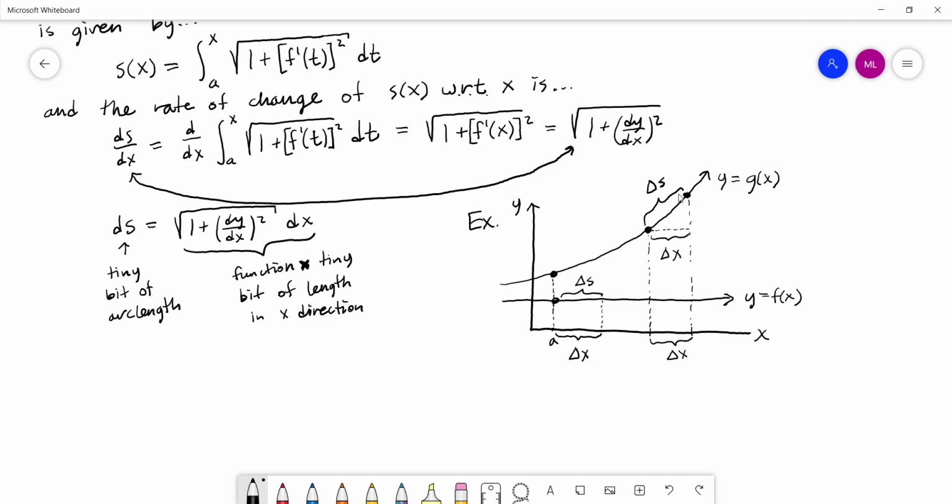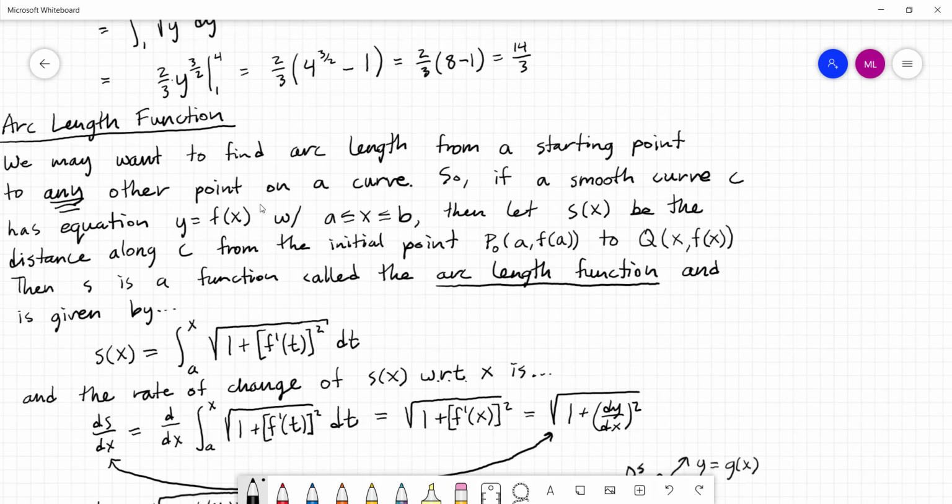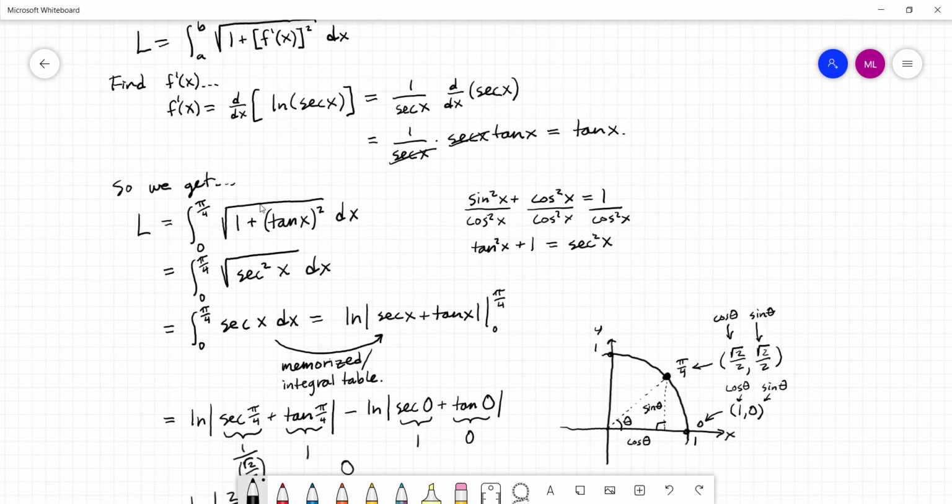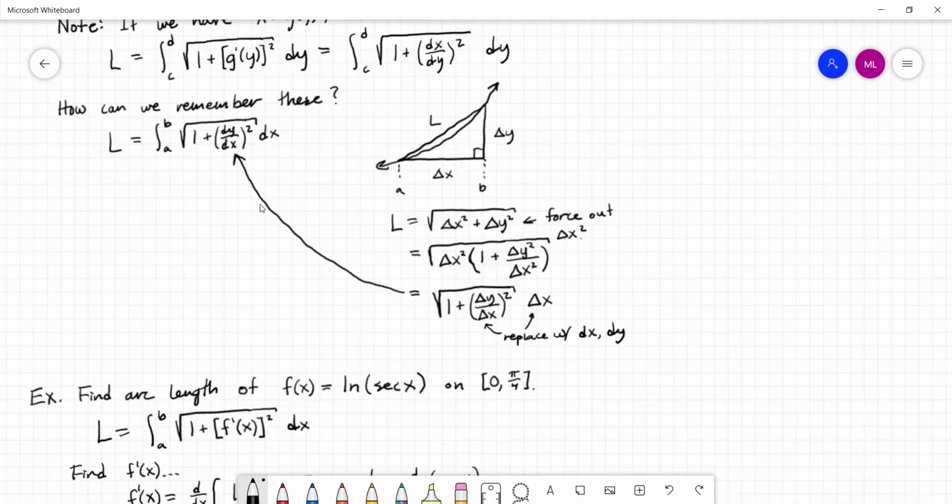Well, you can see clearly this is kind of close to the same length. The change in arc length is going to be close to the length of the hypotenuse of that right triangle, and it's clearly going to be bigger. And again, we talked about it before: this thing here is an expression for the hypotenuse. That's exactly what we did way back in this drawing.